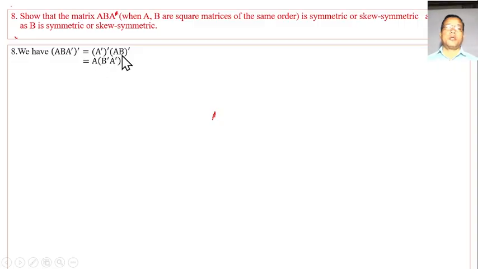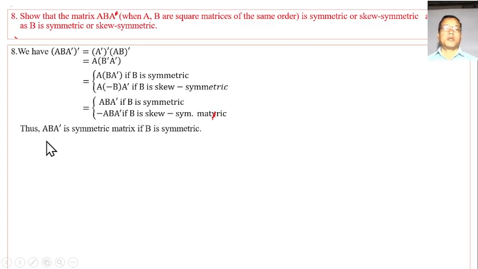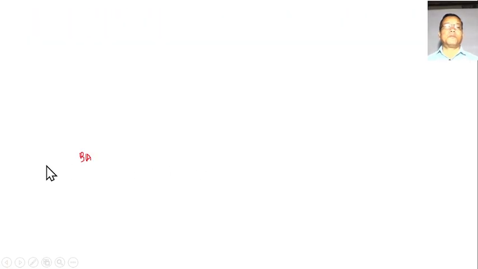Assume B transpose as C. If B is symmetric, B transpose is B, so the transpose equals A B A transpose. If B is skew symmetric, B transpose is minus B, so the transpose equals minus A B A transpose. Thus the product A B A dash is a symmetric matrix if B is symmetric, and a skew symmetric matrix if B is skew symmetric. Hence proved.